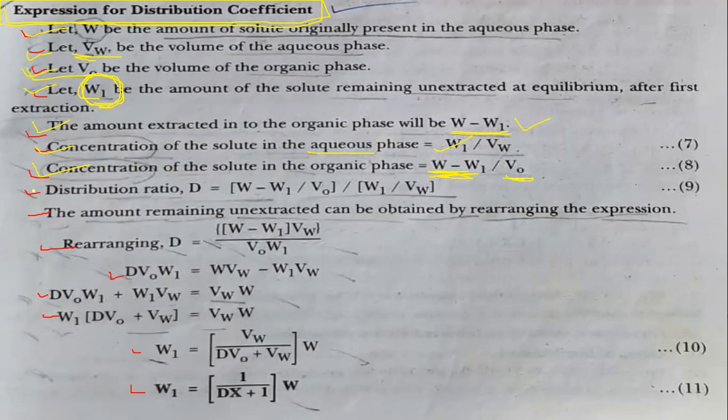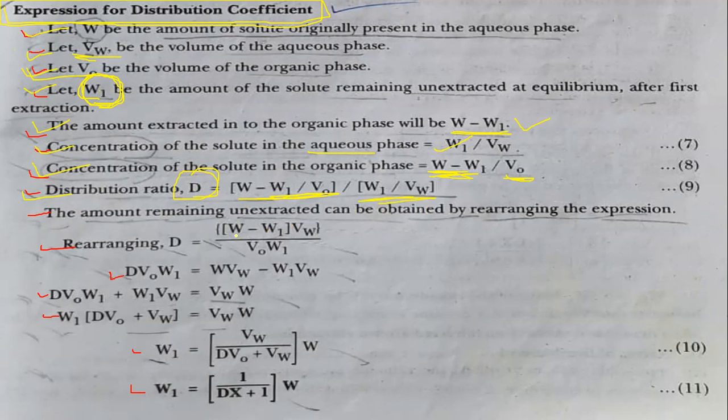Then the distribution ratio is given by the concentration in the organic phase to the concentration in the aqueous phase.